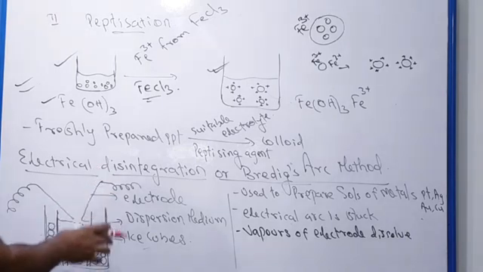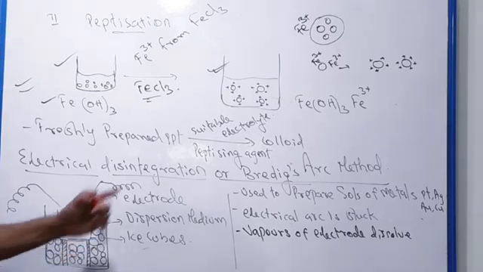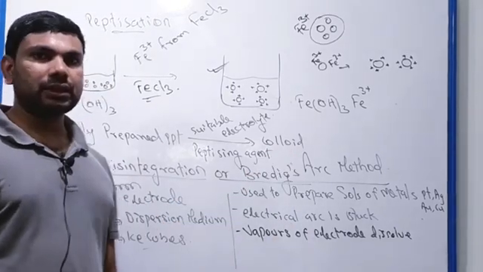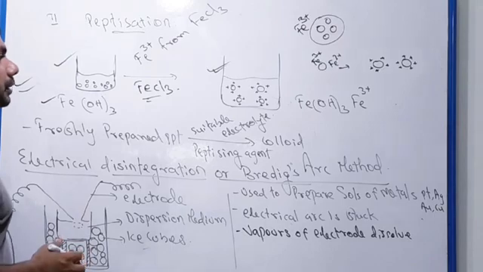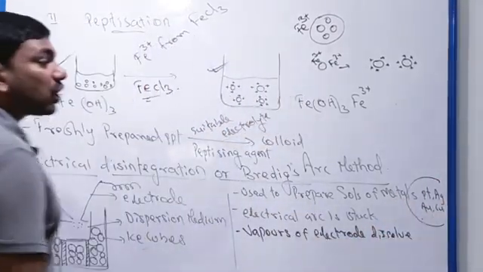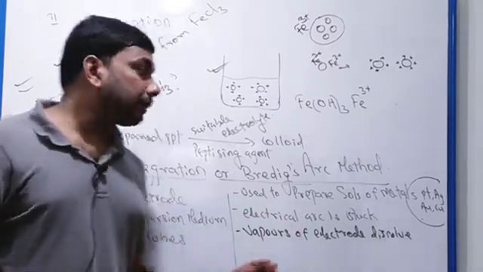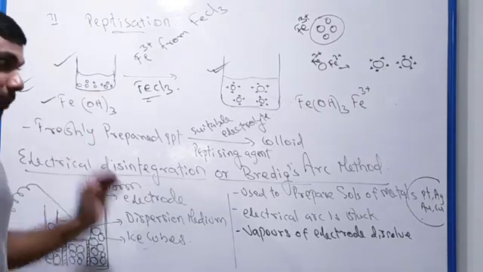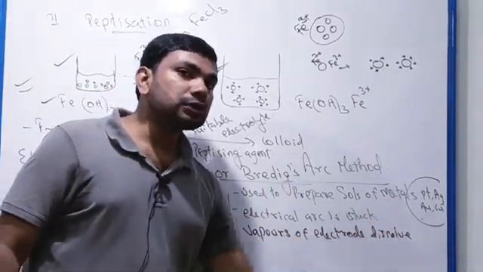Another method to prepare colloid is electrical disintegration or Bredig's arc method. This Bredig's arc method is used to prepare colloids of platinum, silver, gold and copper.